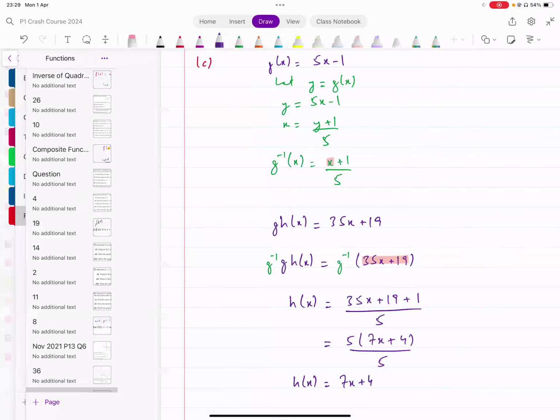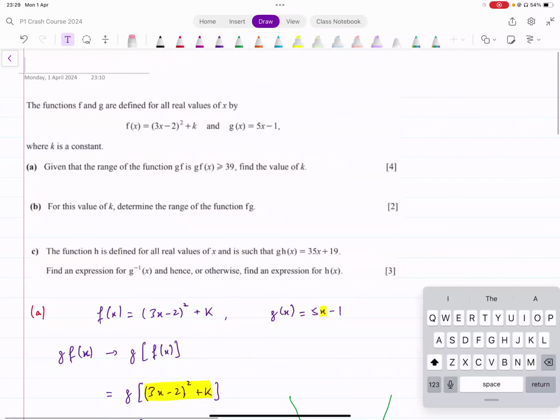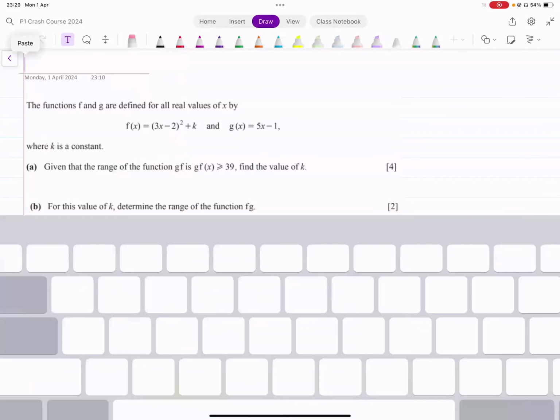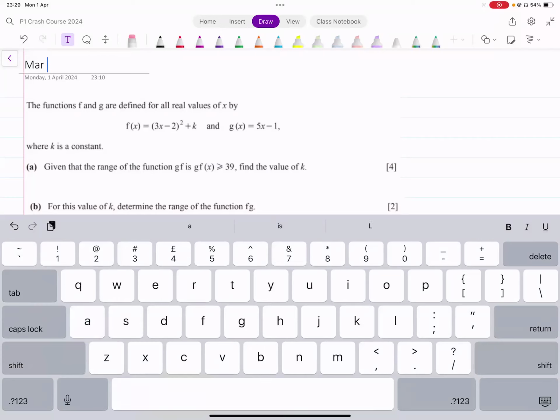Abdullah, can you tell me which paper this question was from? So I can write it here. Oh, sir, it was from February, March 2024. Okay, this was March 24.